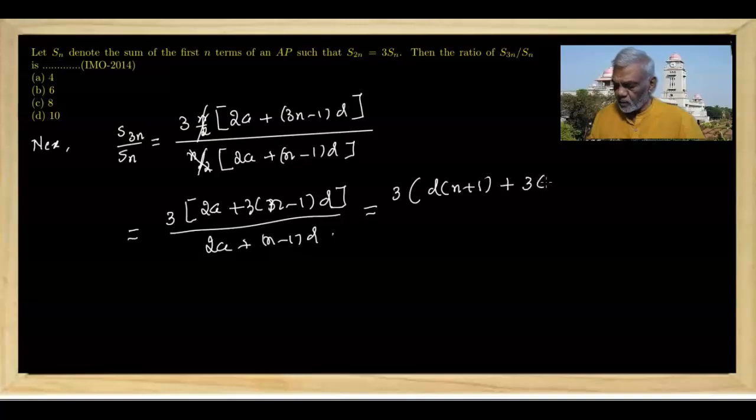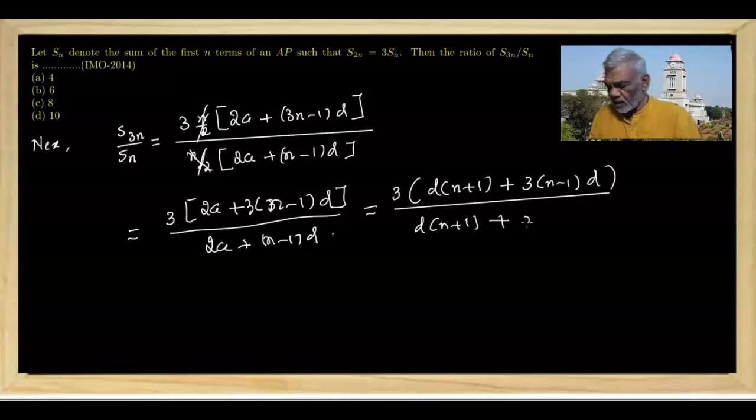So we get 3 into d into n plus 1 plus 3n minus 1 into d, divided by d into n plus 1 plus n minus 1 into d.